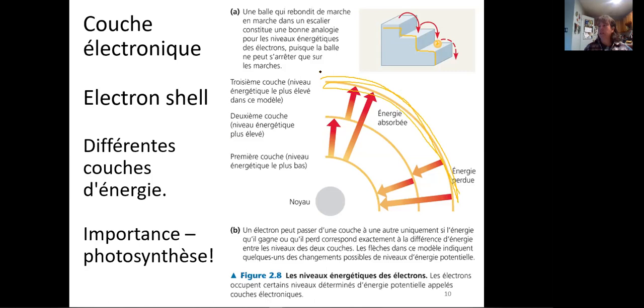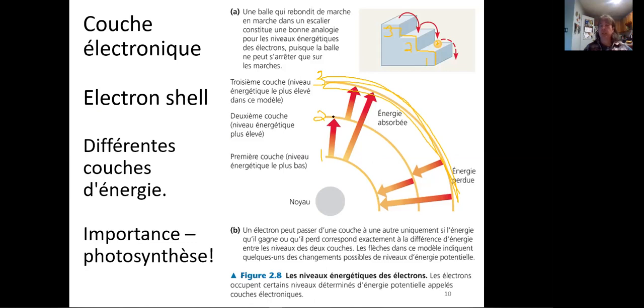So energy: the highest energy level, next highest, and the lowest energy level. Highest, middle, lowest. So electrons can't stop in between. They can only stop on each sphere.